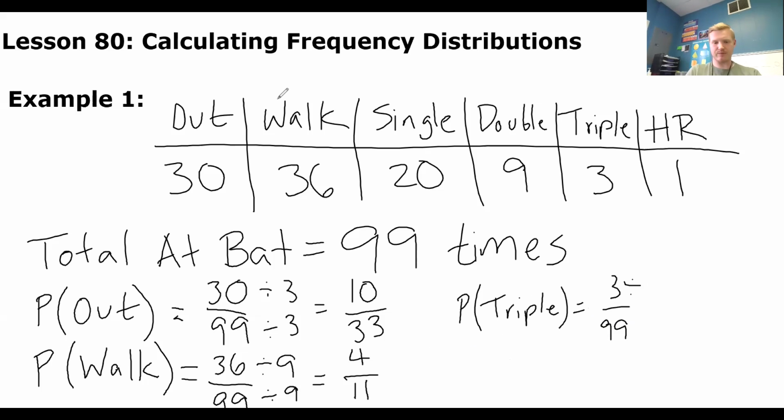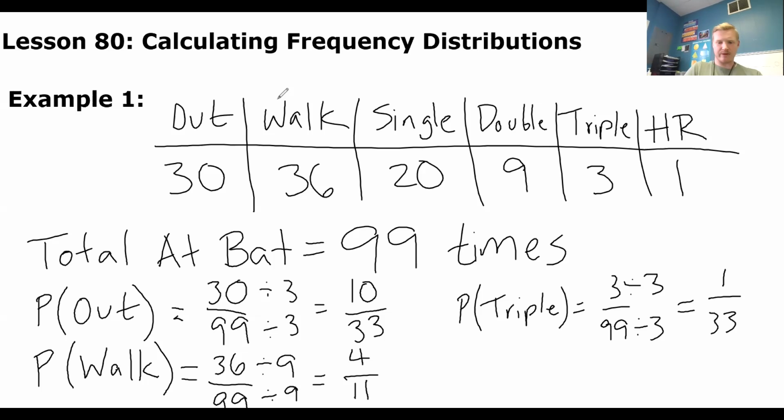3 goes into both of those, as we saw in the amount of times the player was batted out. Same factor there. So 3 divided by 3, 1. 99 divided by 3, 33. So 1 over 33.